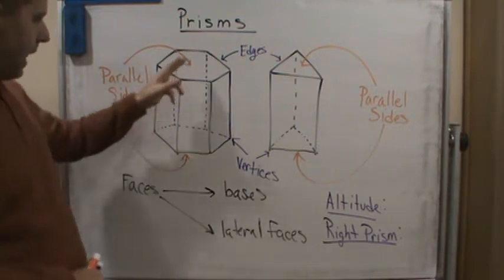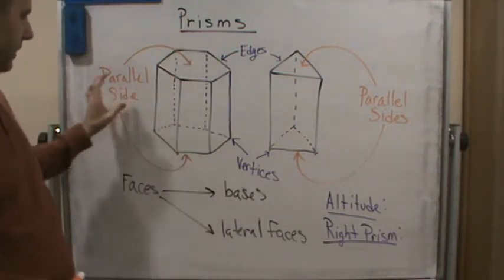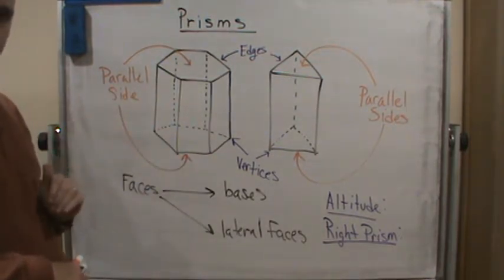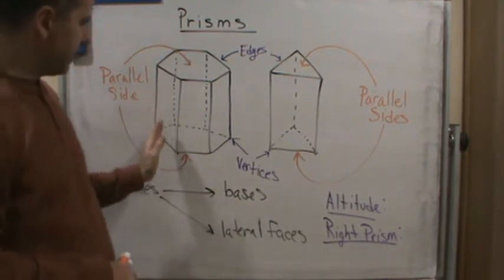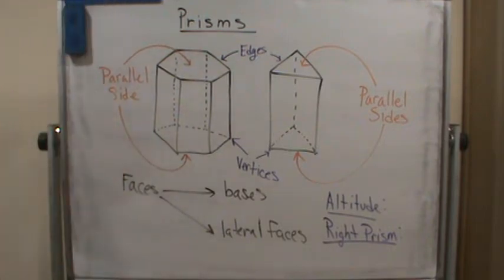Now, the top and the bottom faces are called bases. In this case, the sides that are parallel make the bases. The other sides that connect the bases together are called the lateral faces.